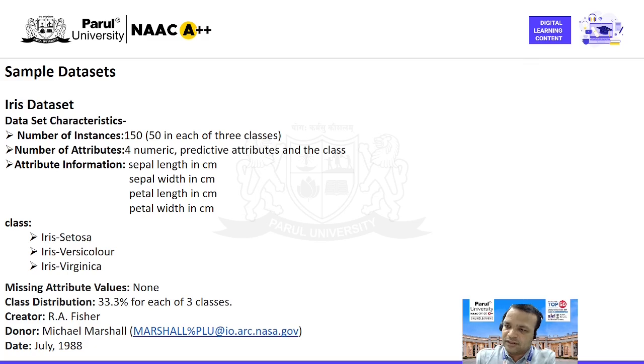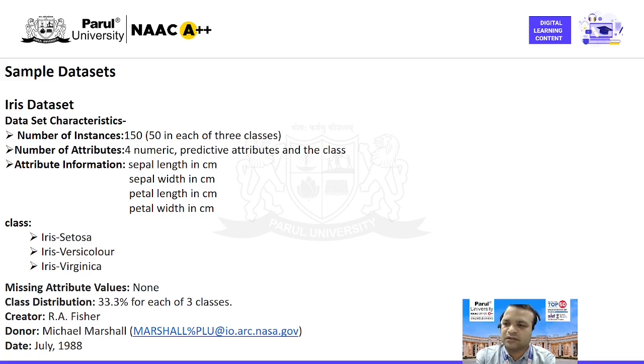Take the iris data set, for example. The iris data set has some information, so first explore it, like data set characteristics. The first one is number of instances: 150, with 50 in each of three classes. That means 50 into 3 is 150.